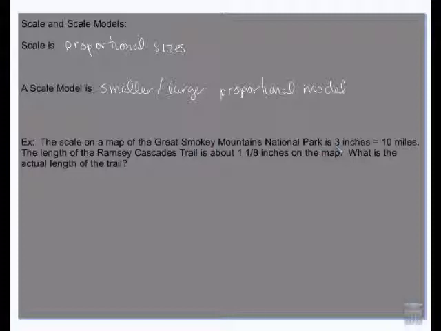So what we would do is if we have a map and 3 inches is 10 miles, 1 1/8 inch. I'm trying to remember what that decimal is. 1.125 over x. So I get 3x is equal to 10 times 1.125.